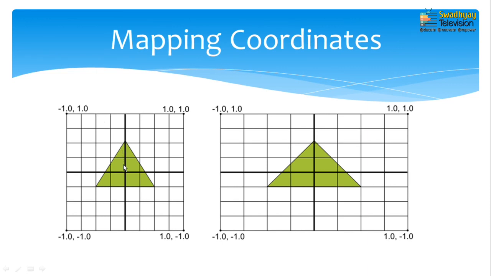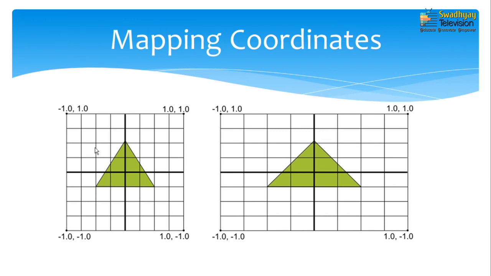The center of the screen is the origin, that is 0, 0, and the top left corner point is -1, 1 and the top right corner is 1, 1. Similarly, the bottom left corner is -1, -1 and the bottom right corner specifies 1.0 and -1.0. So, accordingly you have to specify coordinates for the shape to be drawn.